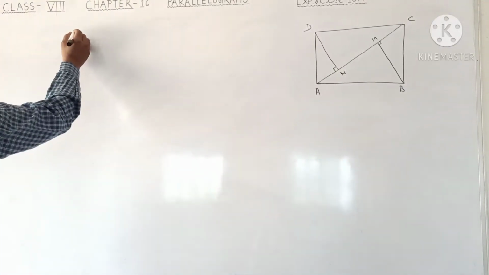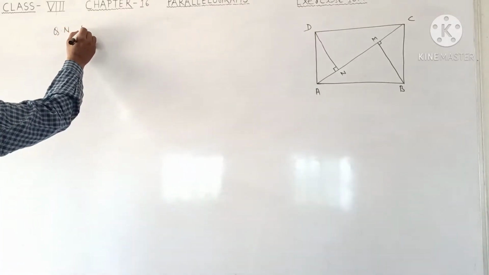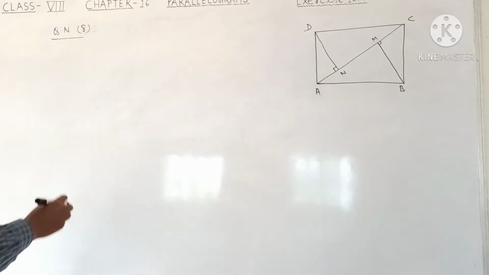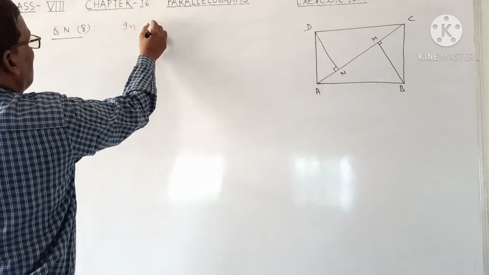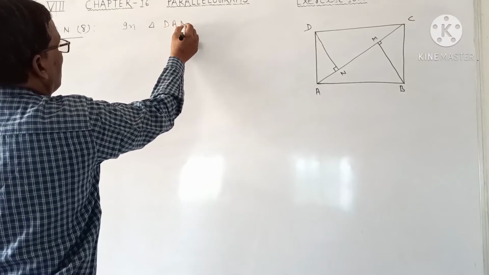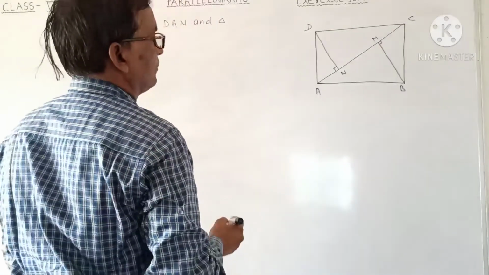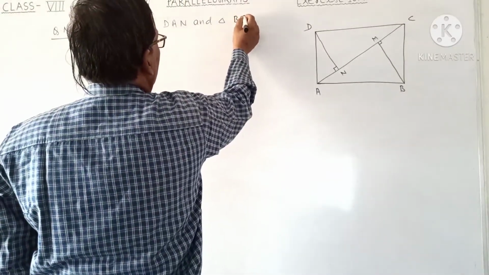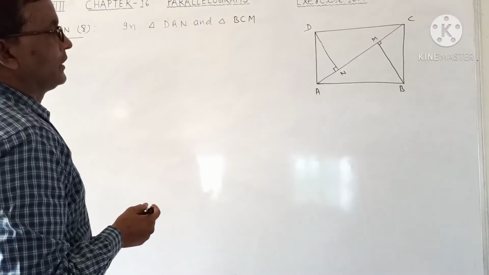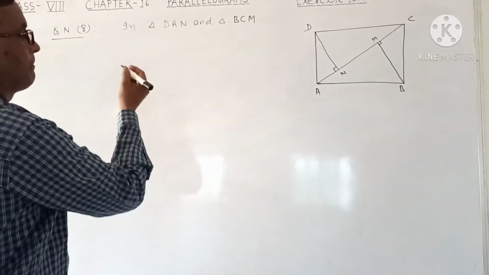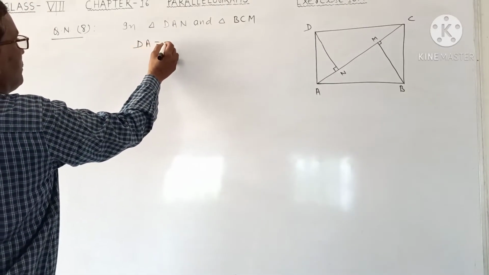In triangle DAN and triangle BCM, DA equal to BC.